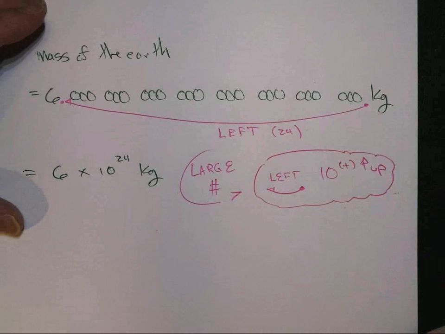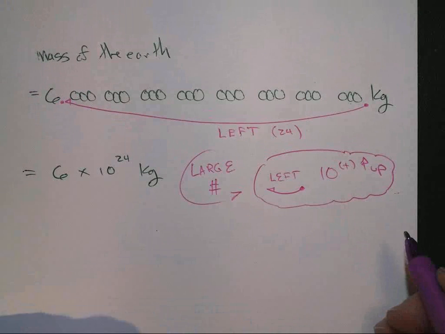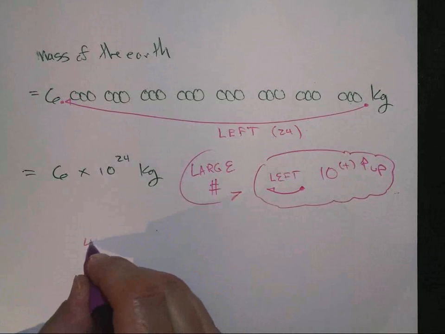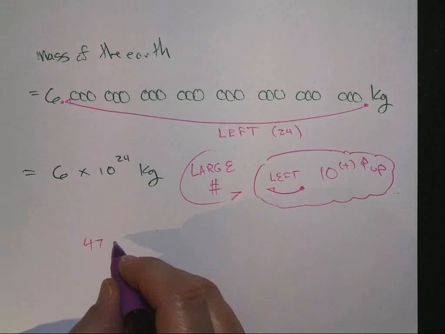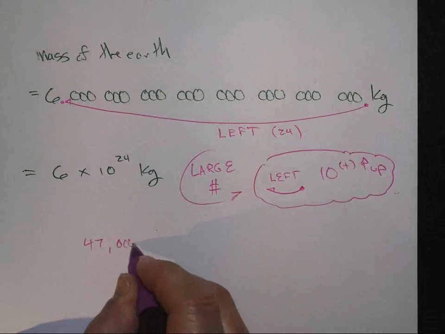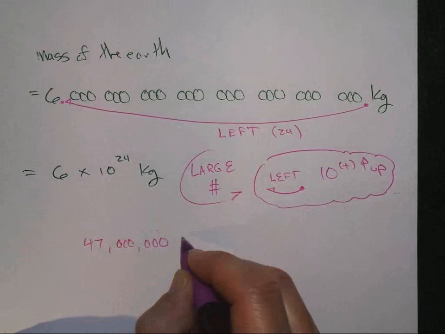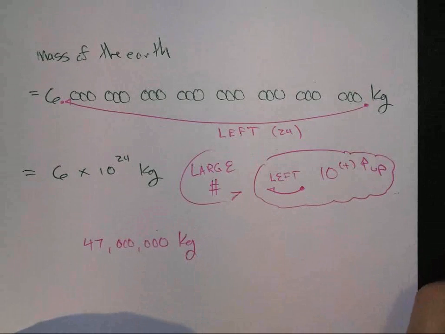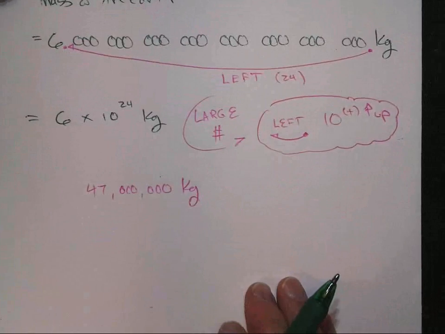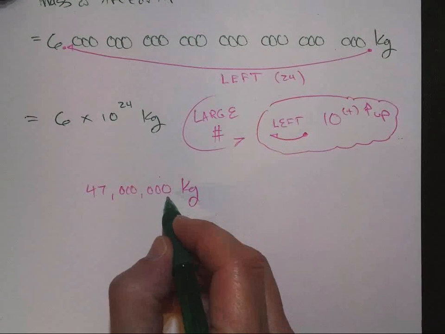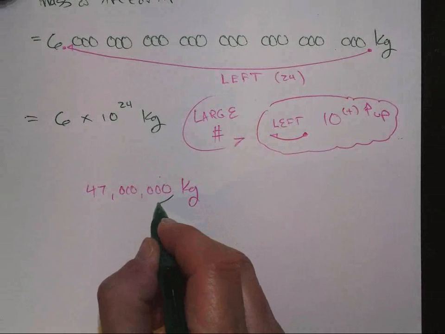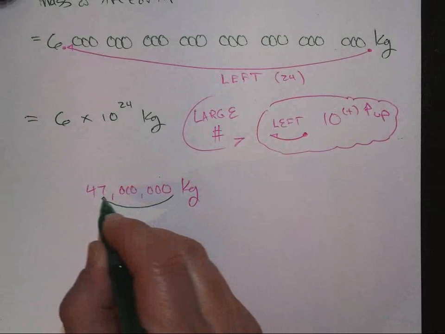For example, if you have 47 million kilograms, what are we going to do? Well, we're going to move the decimal point all the way to the left, so there's only one non-zero digit in front of it, right to there.